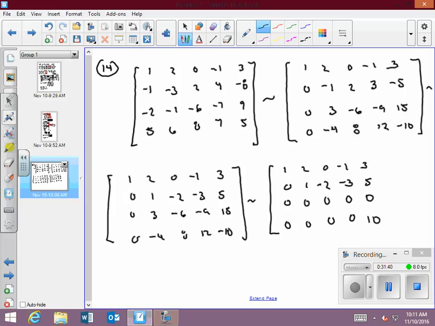It has to be back when I did this one. So I multiplied the first row by 4. First row by 4. Where in the heck is the error?